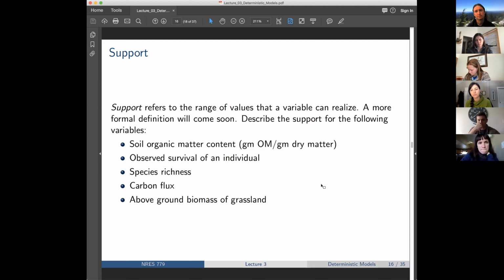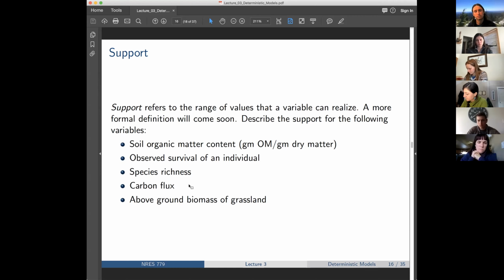Species richness. I guess it depends on how you define species richness. It would be a lower bound of 1 for only detecting one species, and then I don't know an upper bound, but positive. Right. Or if you didn't see any species, 0, presumably it could be a 0 too. But the non-negative integers: 0, 1, 2, 3, 4, 5.